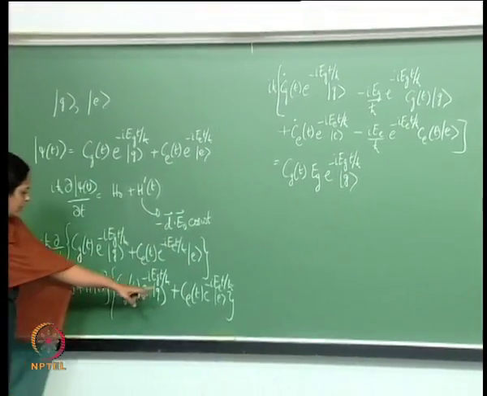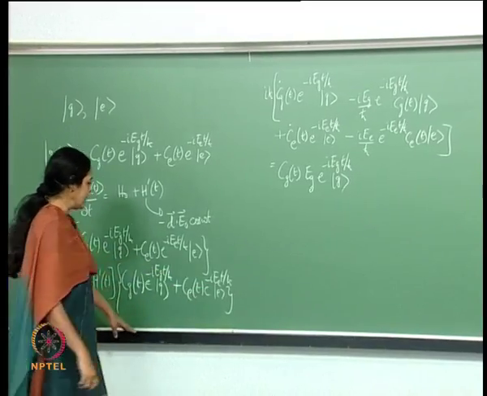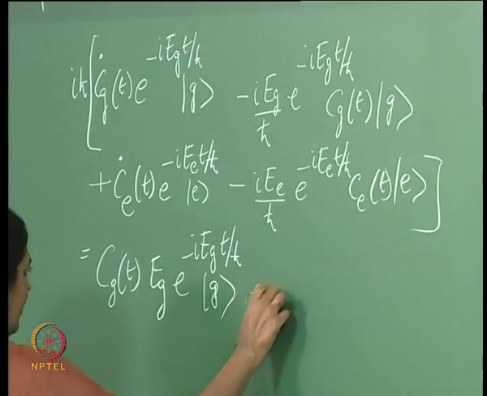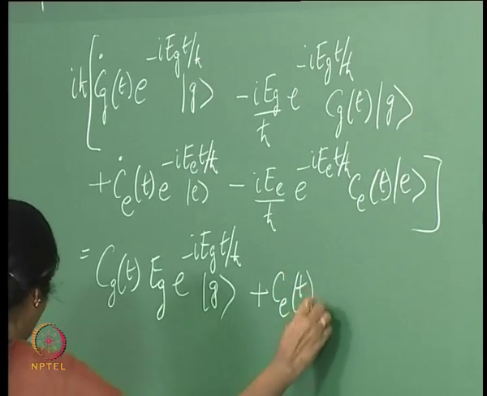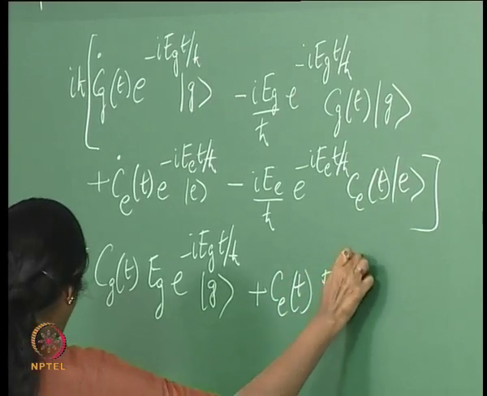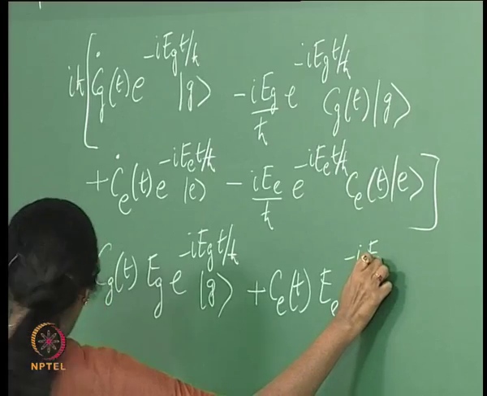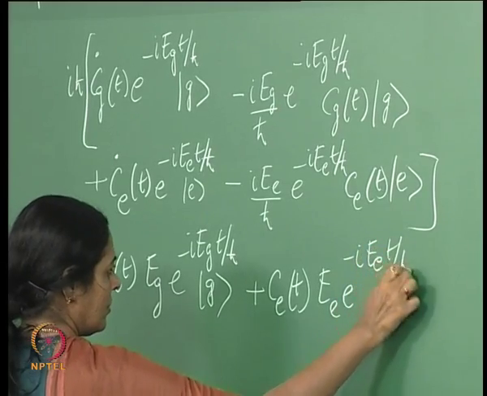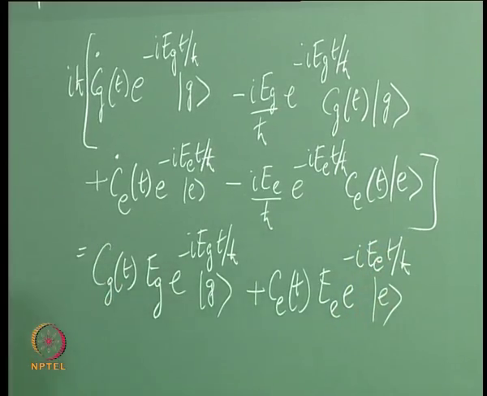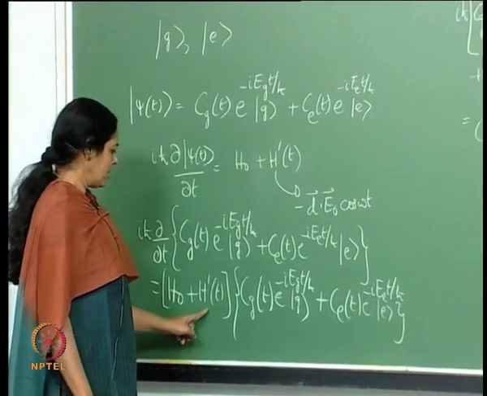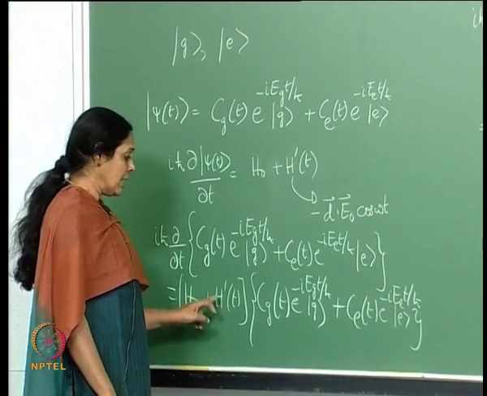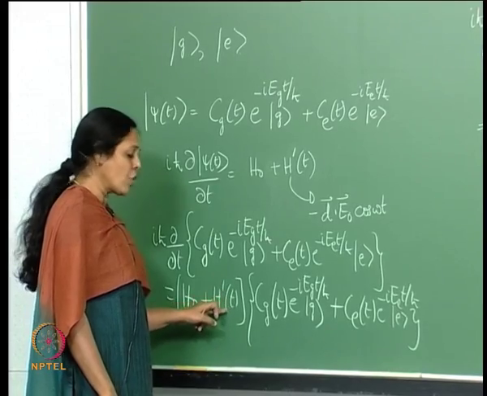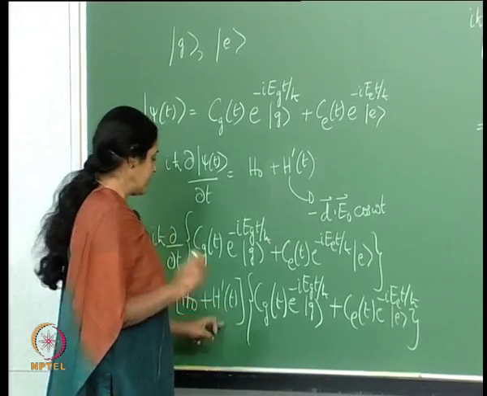Similarly, H naught acting on this term pulls out an E_e, and then I have H prime. So H prime, remember, is an operator. It has the atomic dipole moment d in it.